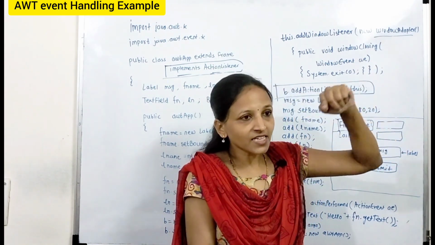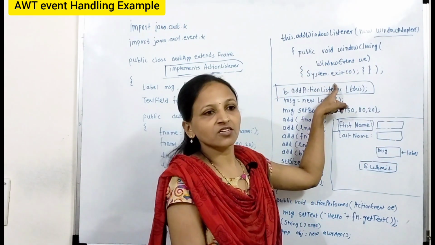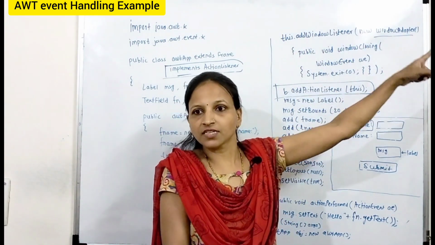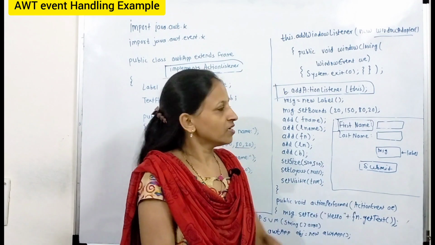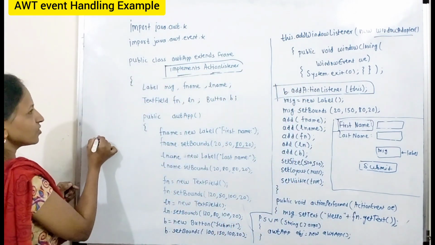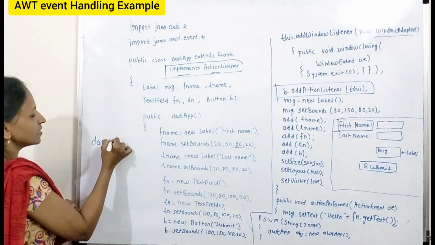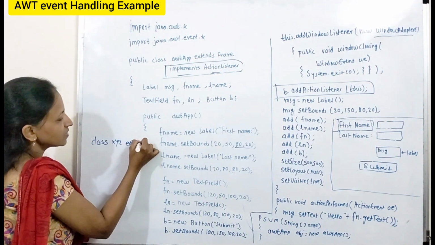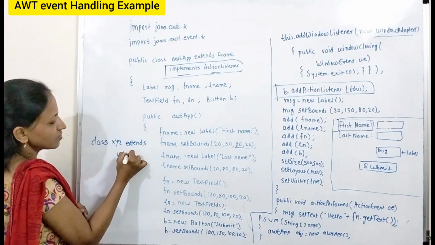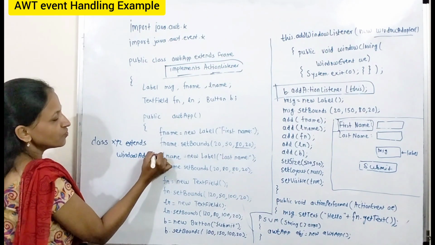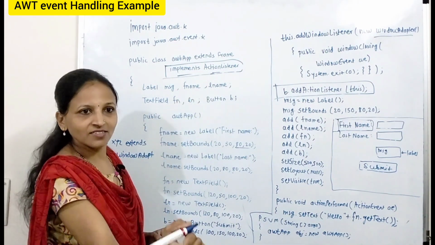Getting? And inside that we are writing one method. This is only one statement. See what I am doing here. Instead of this, what can I do? See, I can write here one class, let's say xyz extends WindowAdapter. WindowAdapter is an inbuilt class which is implementing WindowListener.